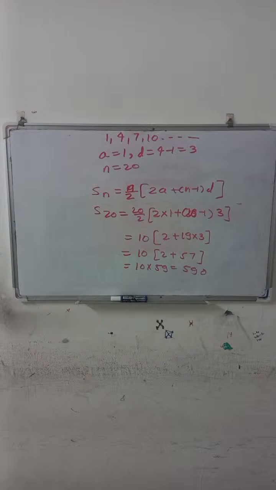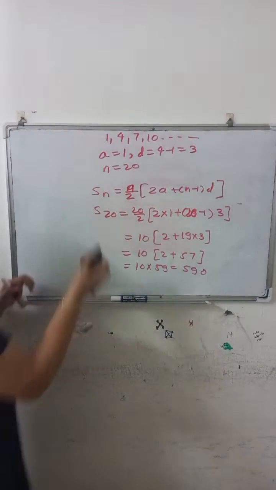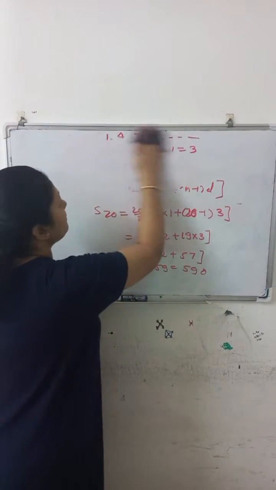Now this is a little bit different question. We have to find out the AP from this. Okay. So I will explain how to solve this question. Okay, we are using the same formula again.